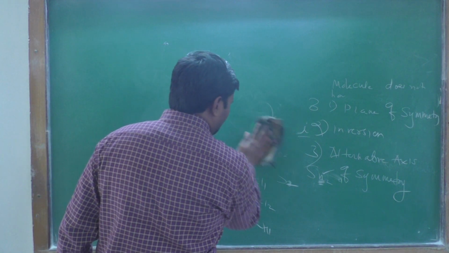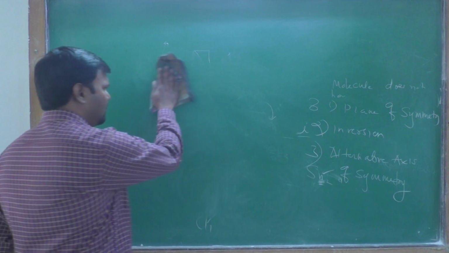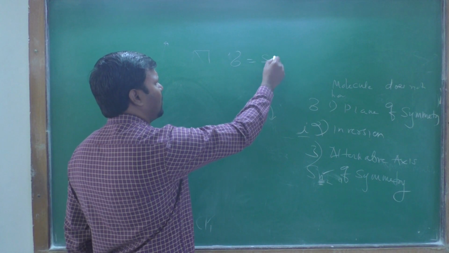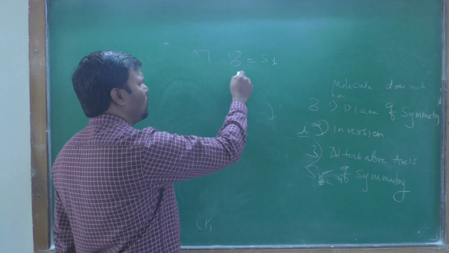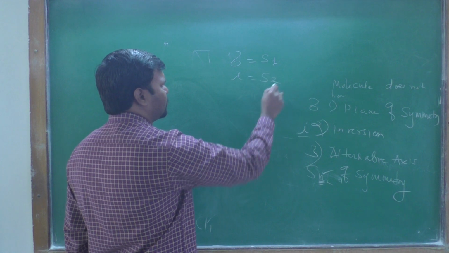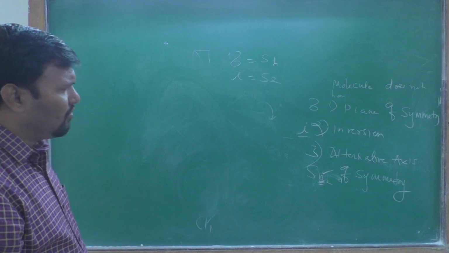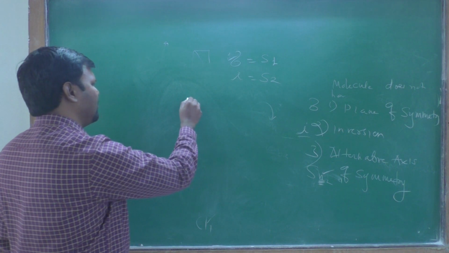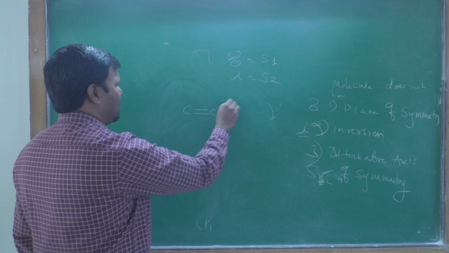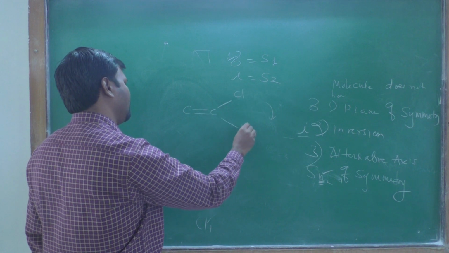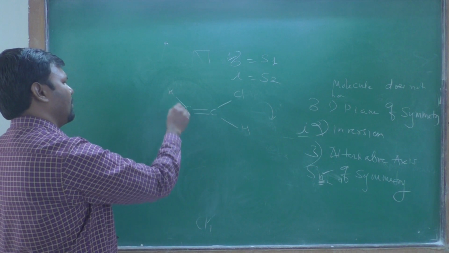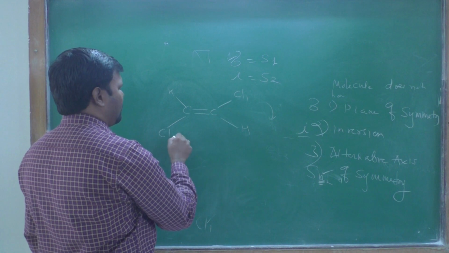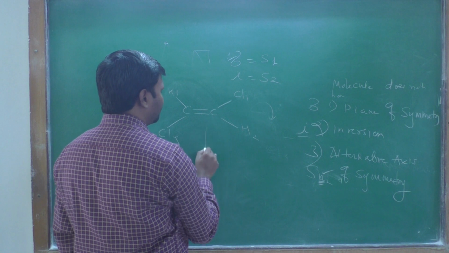Then there is a concept: sigma is equal to S1 and inversion is equal to S2. For this we have an example for S1, sigma. The same trans molecule we have taken here, with 1 and 2, 1 and 2.